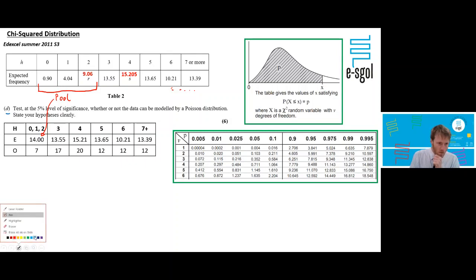So for a hypothesis test, it does say state your hypothesis clearly. So our null hypothesis: the hurricanes can be modelled with a Poisson distribution at an average rate of 4.4875 is a good fit.